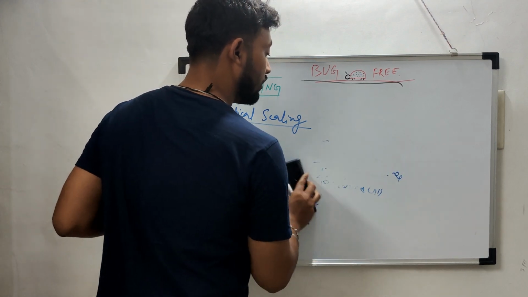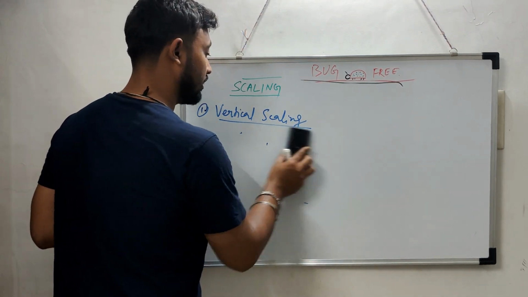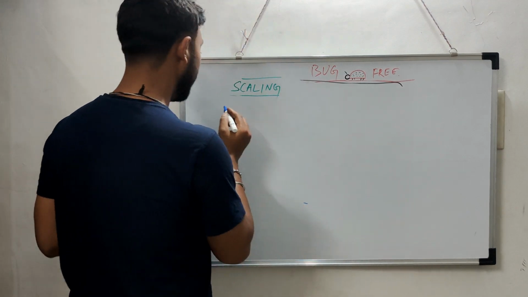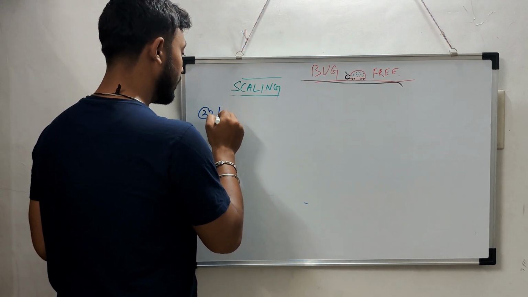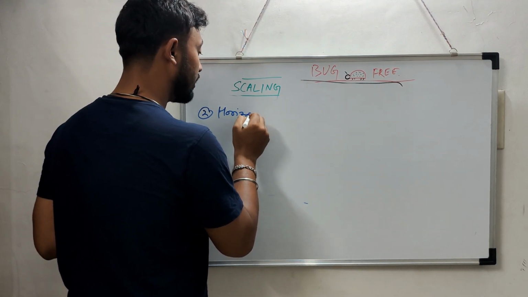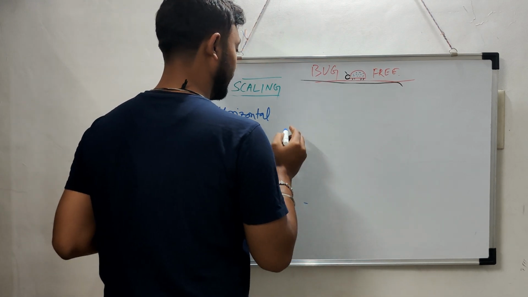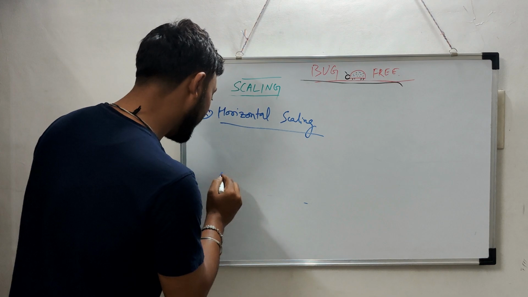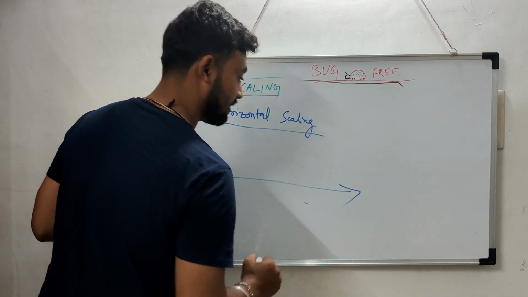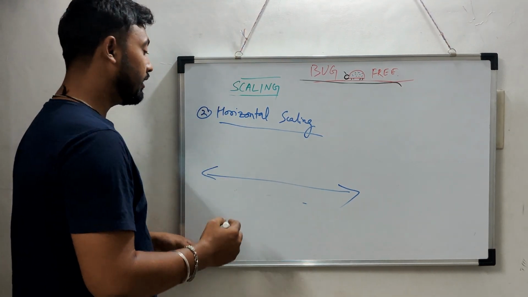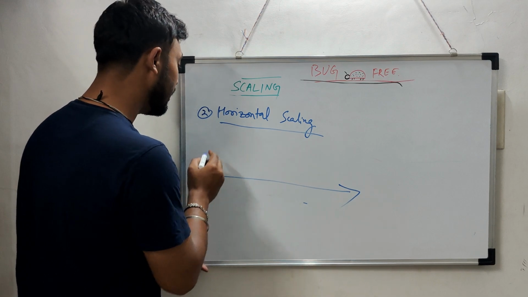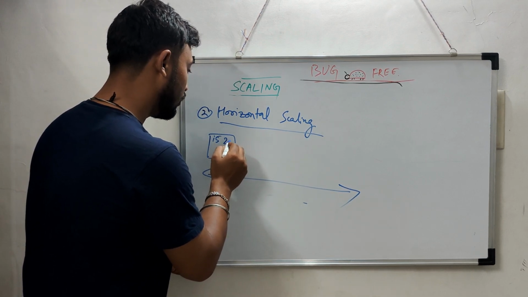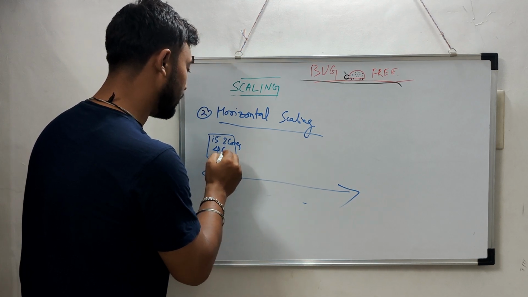Now let's go to horizontal scaling. As you are guessing, horizontal scaling means scaling horizontally. What does that mean? Let's take the same example: we had a system with an i5, 2 cores, and 4 GB RAM.